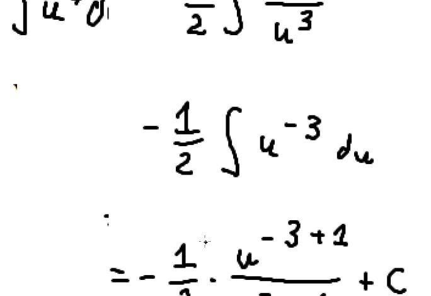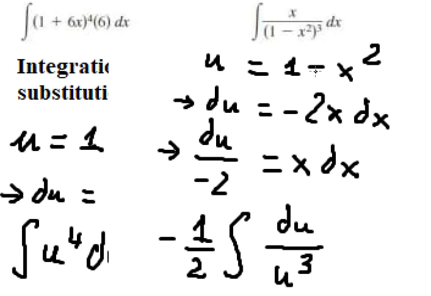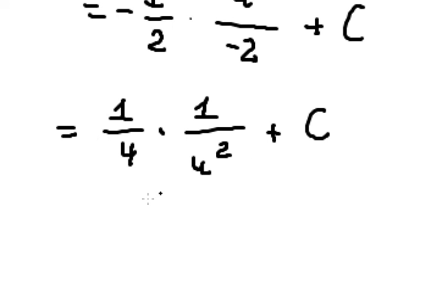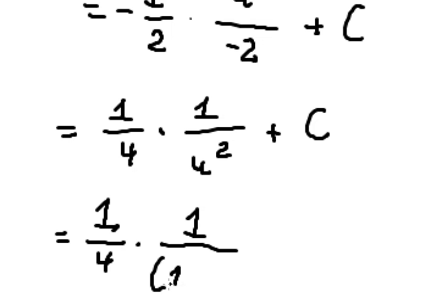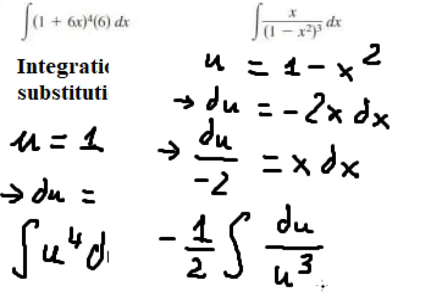For u, that is 1 minus x squared. And this is the final answer. Now let's go to the next one.